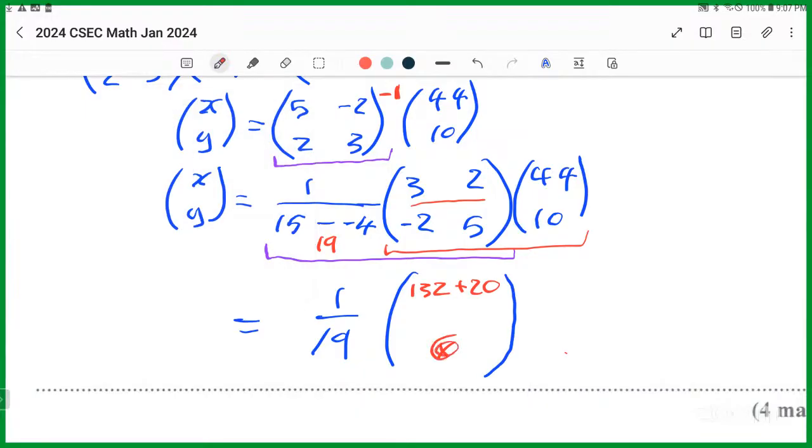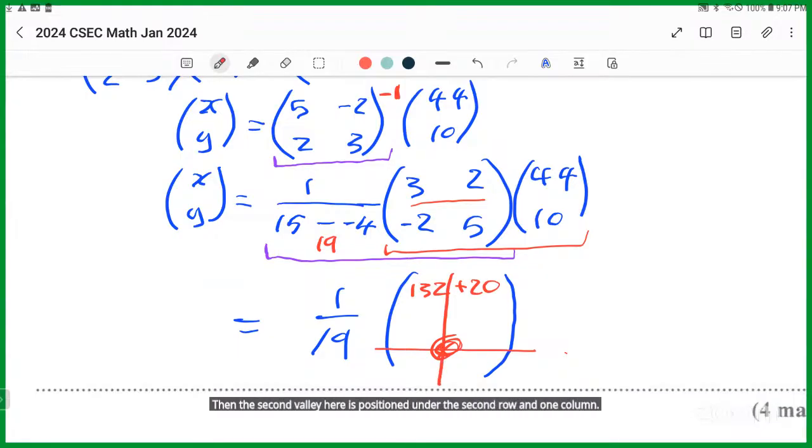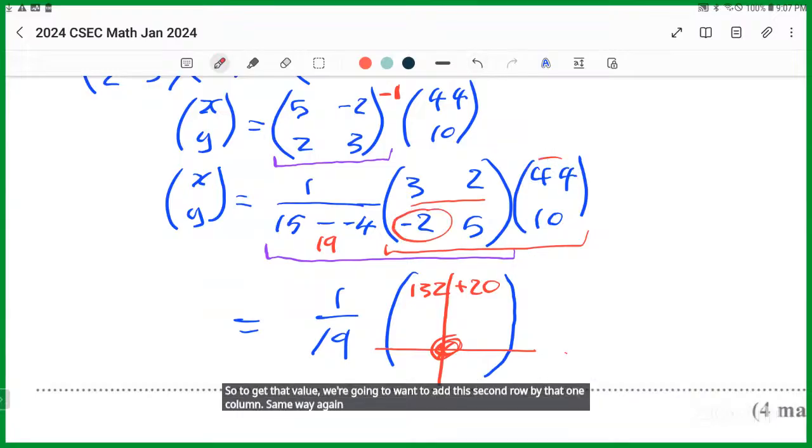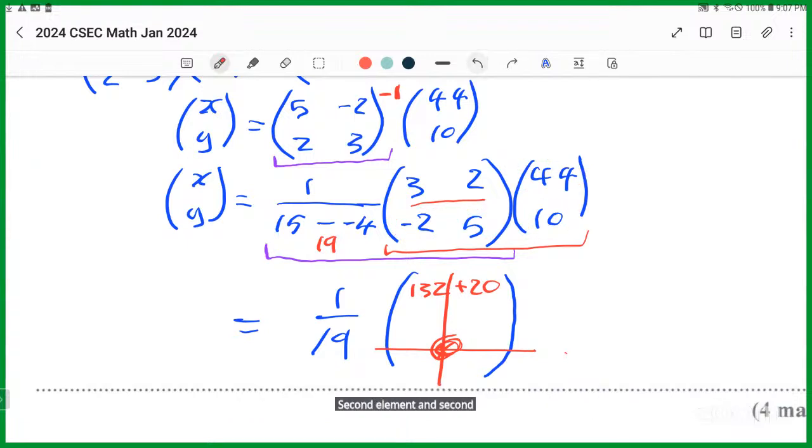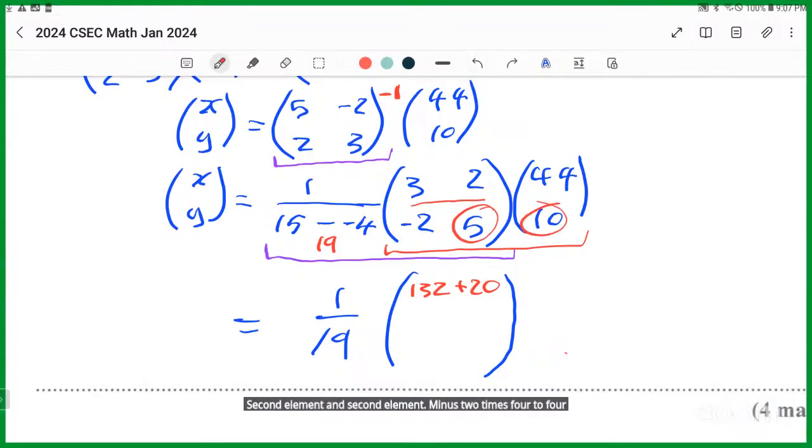Then the second value here is positioned in the second row and the one column. So to get that value, we multiply this second row by that one column. Same way again. First element times first element, second element times second element. Minus 2 times 44 and 5 times 10.